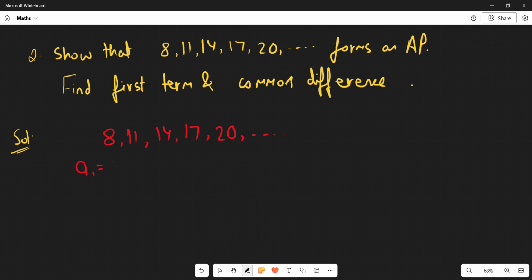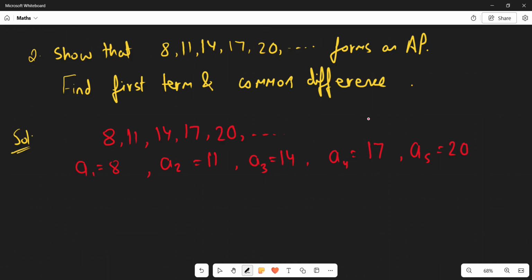So the first term is 8, the second term A2 equals 11, the third term A3 equals 14, the fourth term A4 equals 17, the fifth term A5 equals 20.